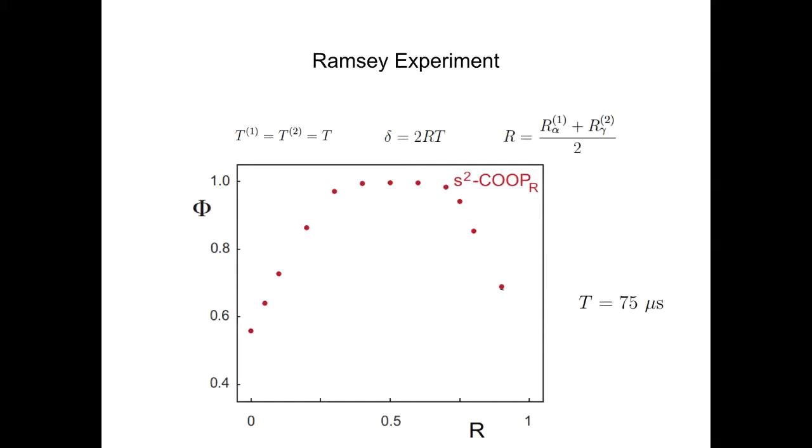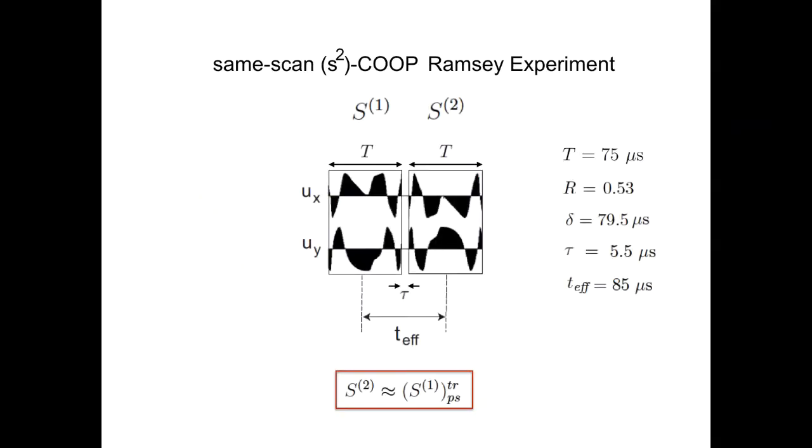But as a function of this R factor, if we do many different optimizations, then we find this plateau, and there's somewhere a maximum. And basically that's the sweet spot I was talking about. If we optimize a pulse sequence for such an echo, in this case for a Ramsey experiment, we would like to do it at this R factor.